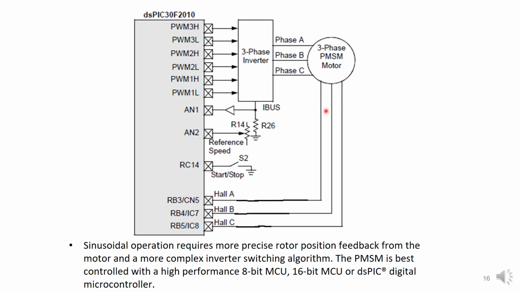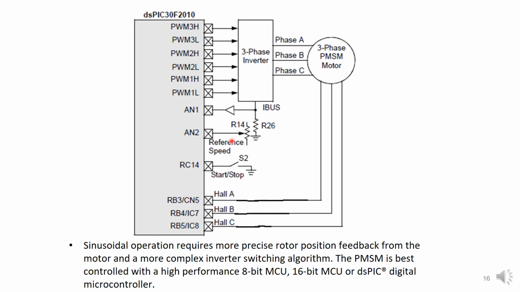Also you can see we have a Hall sensor that is connected to this PMSM motor. The rotor position and the speed can be measured using these Hall sensors, and the reference speed can be adjusted here.